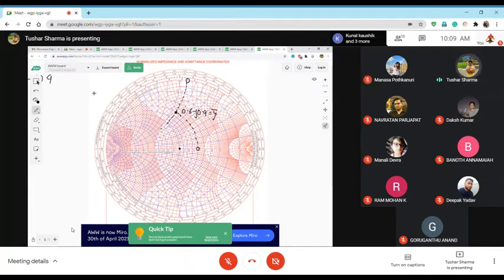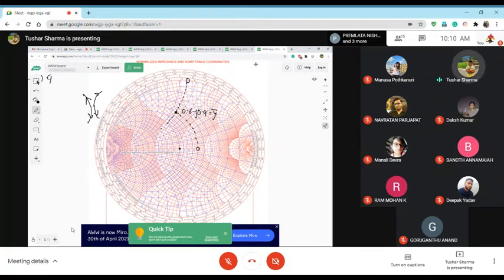Okay, and we know this is one direction, this is one direction, and this is one direction. So if I really want to reach 50 ohms, how will I reach 50 ohms? By using the elements we have seen. Okay, so you see I am already sitting here.